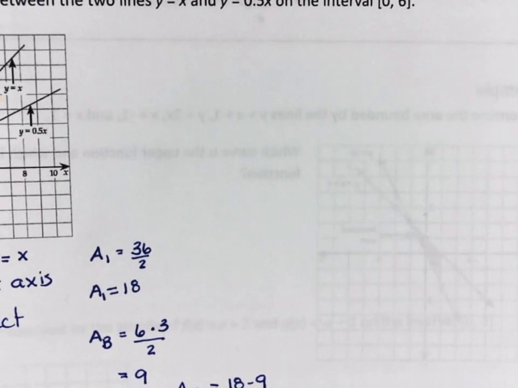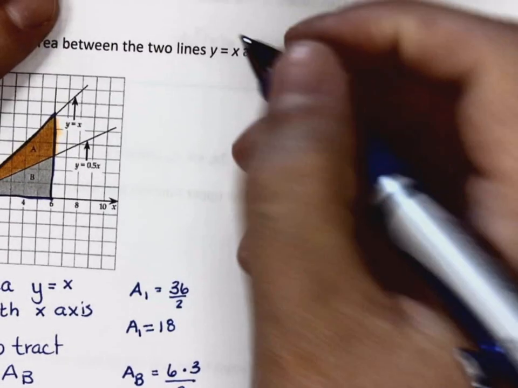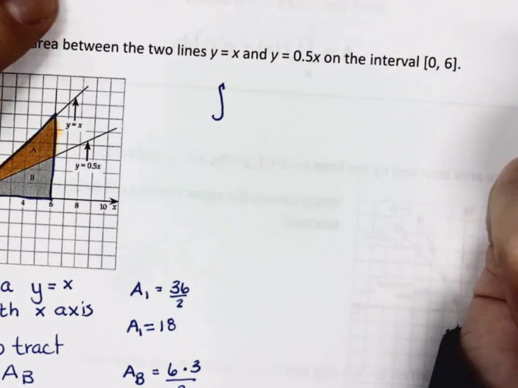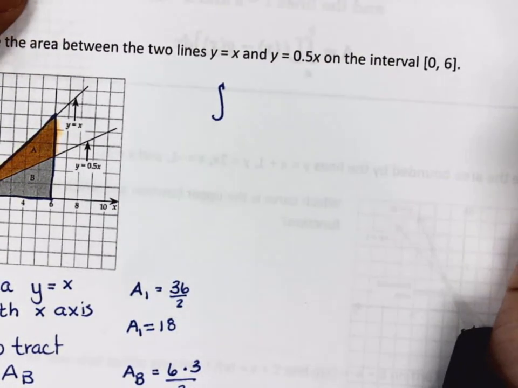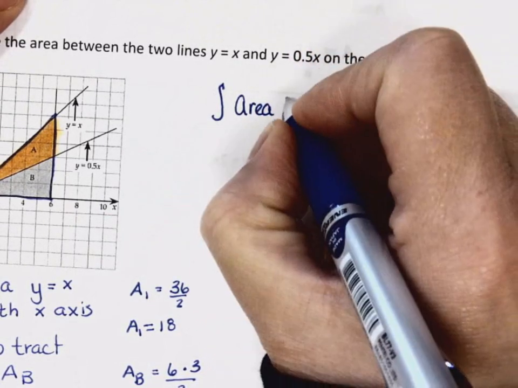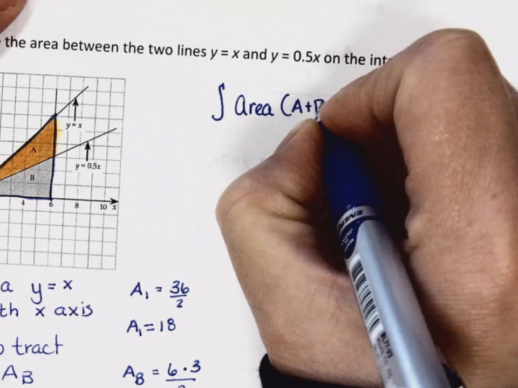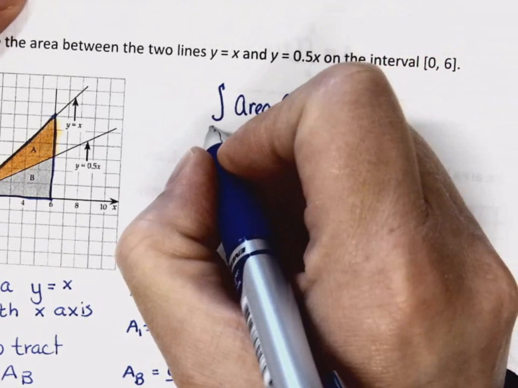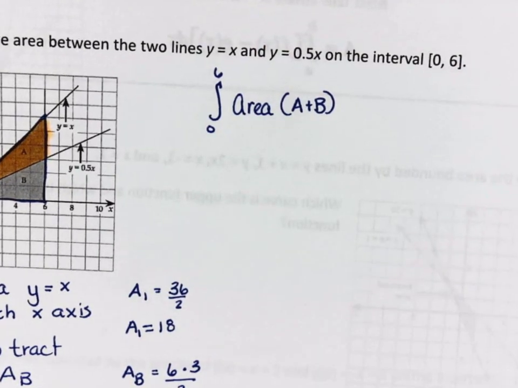So essentially you have to do it twice and then subtract them. So you're going to do the integral of, I'm going to put area A plus B, and we know we're going from 0 to 6.